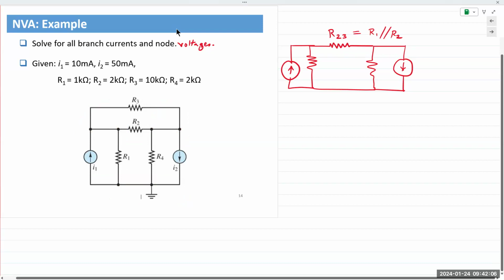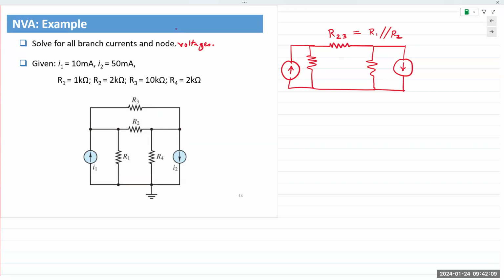our job's easy now because we choose one reference node. In this case, I'd like to choose the bottom node. This symbol is given here, but even if it wasn't given, I'm going to choose the bottom node as my reference node. So I'm going to label the top left as A, top right as B, and the bottom node as C. Okay, so A, B, C. I have 3 resistors, so I can write out equations at each of the other 2 nodes.